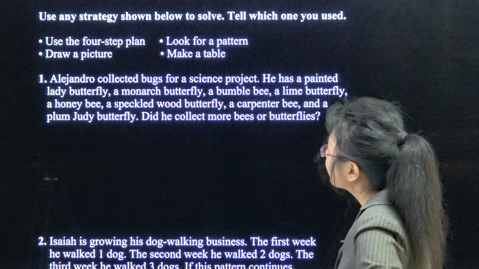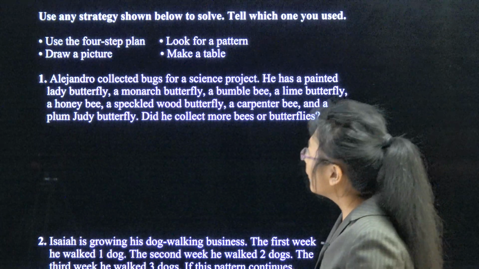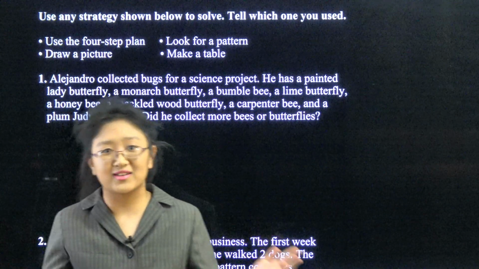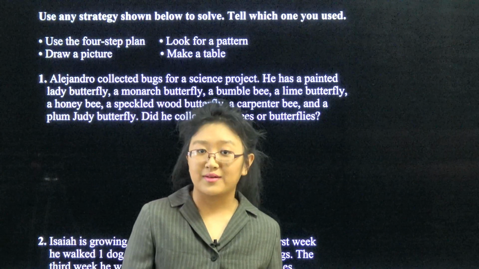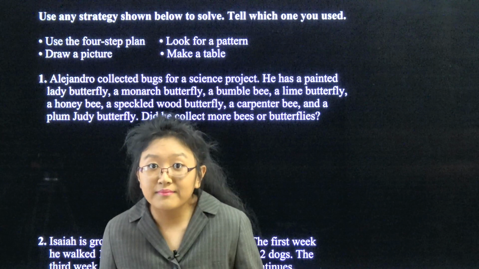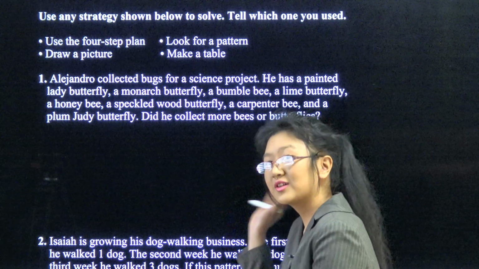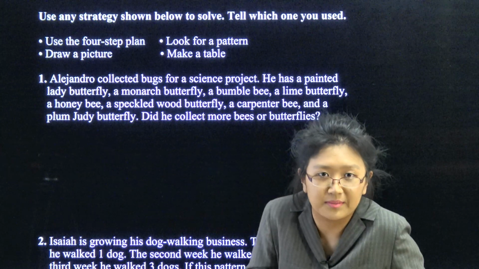Well, let's just use a four-step plan, because use a four-step plan is just another fancy way of saying do whatever you want. Why? Because if you think about it, choosing the plan is the second step of the four-step plan.